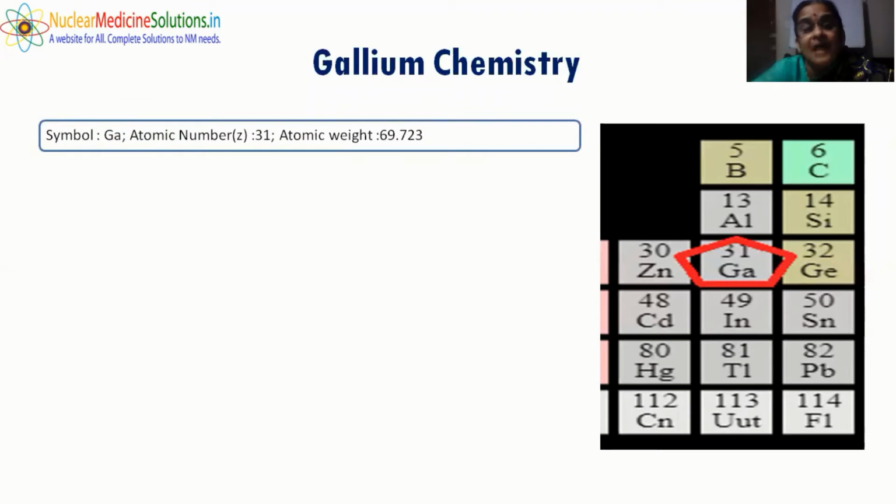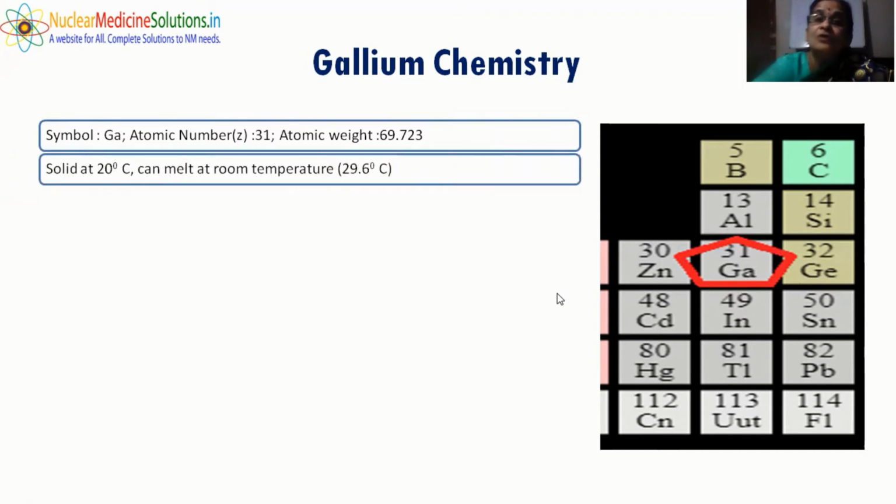Firstly, we will try to understand the physico-chemical characteristics of gallium. Its symbol is Ga, its atomic number is 31, and its atomic weight is 69.723. It stands here as a part of the periodic table. You can see here it is in the group of boron. Now let us see the next point.